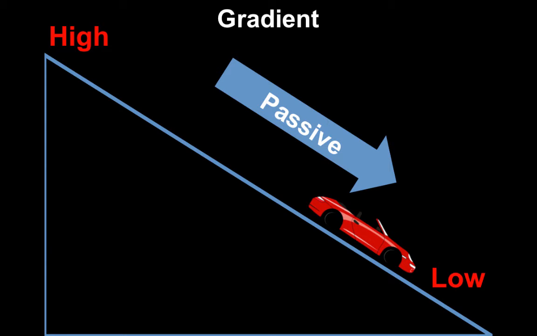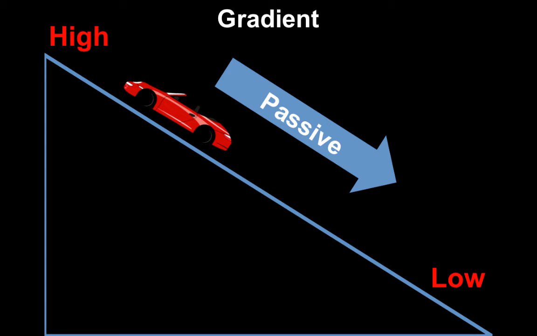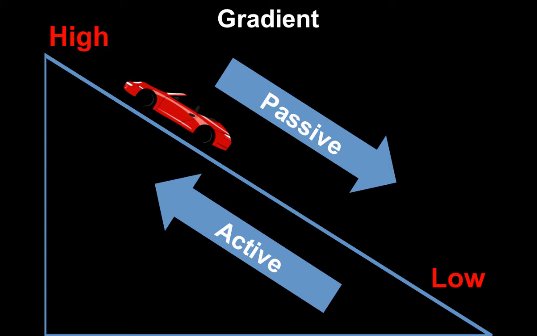So that's called going with the gradient. Now if I flip that around though, and I put the car up the hill, well, that requires a lot of energy. And so that's going to be active transport. And in these kind of situations, that's going to be the same way. If I'm going from a high concentration gradient to a low, that's passive, and vice versa is active.